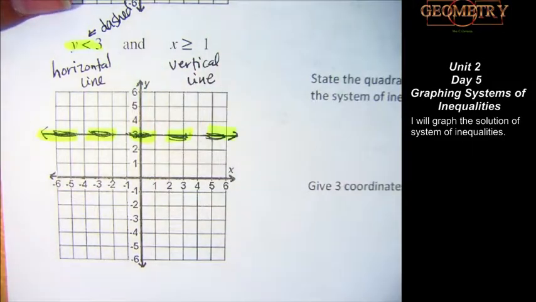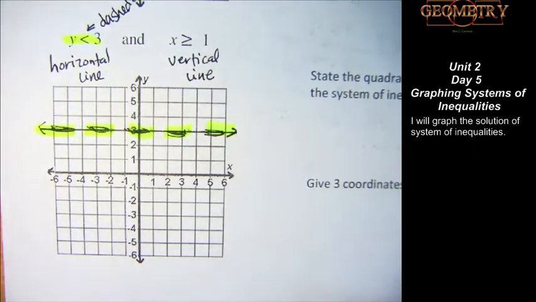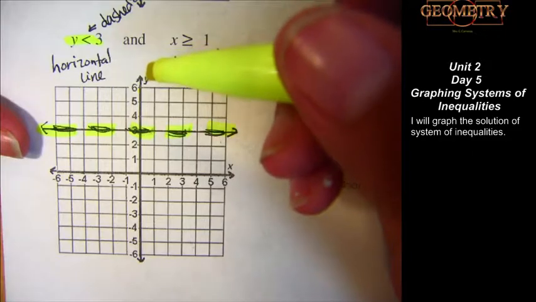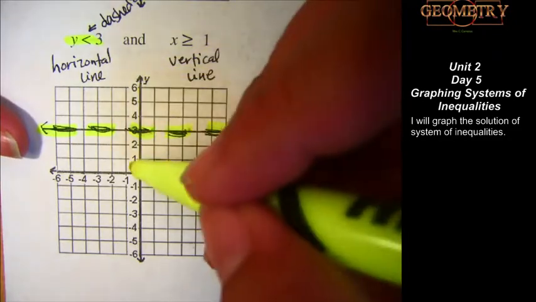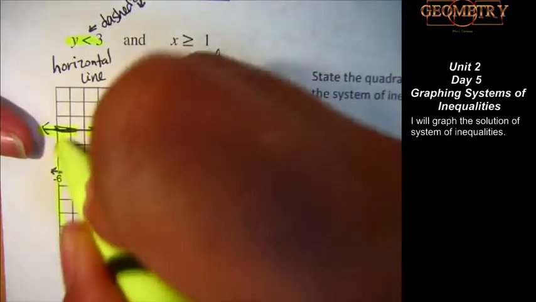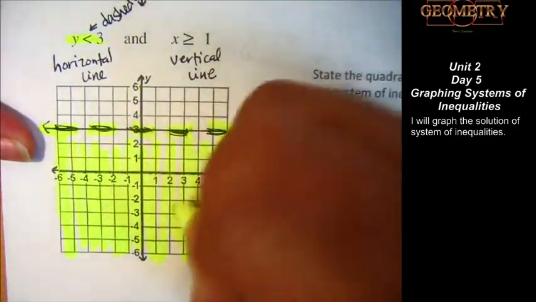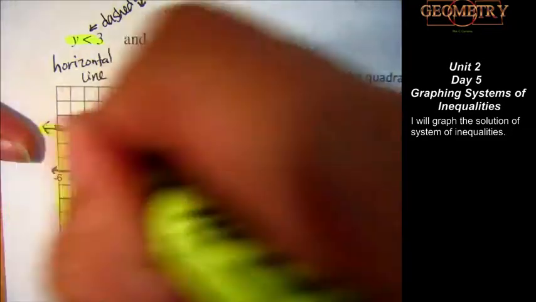And I want where y is less than 3. With a horizontal line like this, it's really easy to see where the y values are smaller than 3, isn't it? Like, if I pick 6, 6 isn't smaller than 3. 6 is bigger than 3. But 1 is smaller than 3, and so this is the side where my solutions to y less than 3 live.